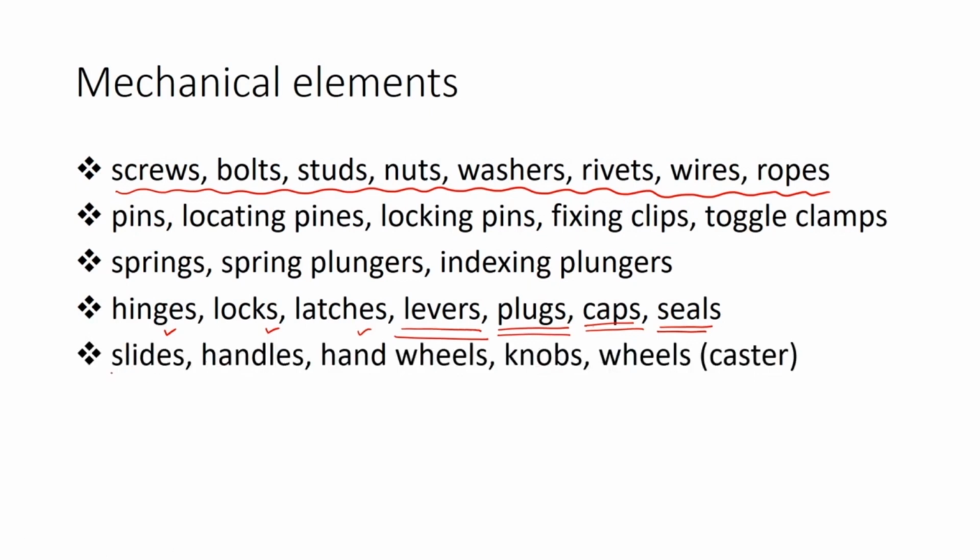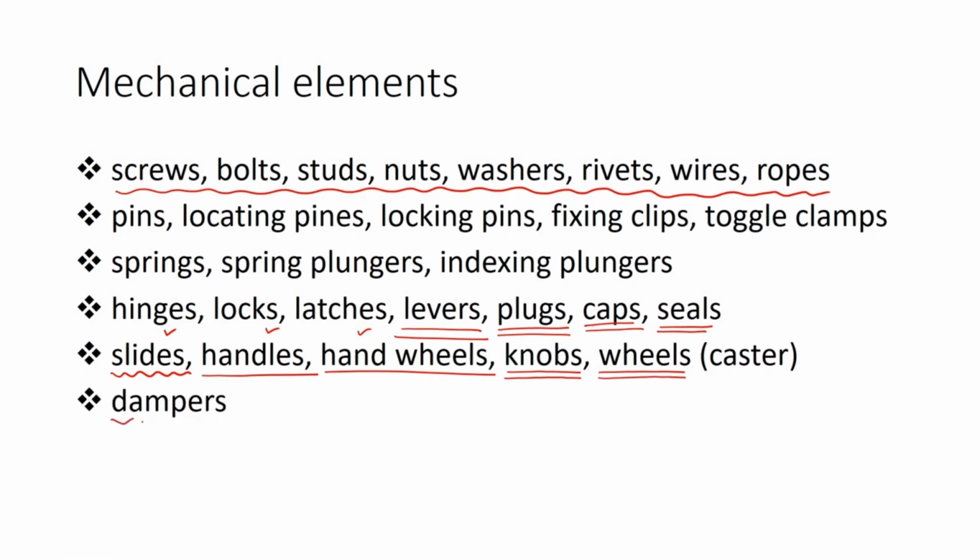There are various slides, handles, hand wheels. They are incorporated for handling of various parts of the system. Various knobs are also there, and wheels for maneuvering of the system, for the conveyance of the system from one location to another location.